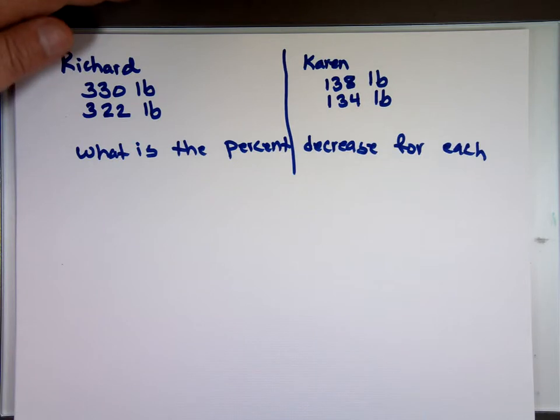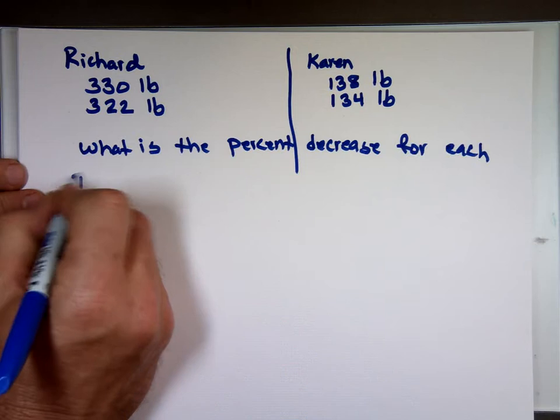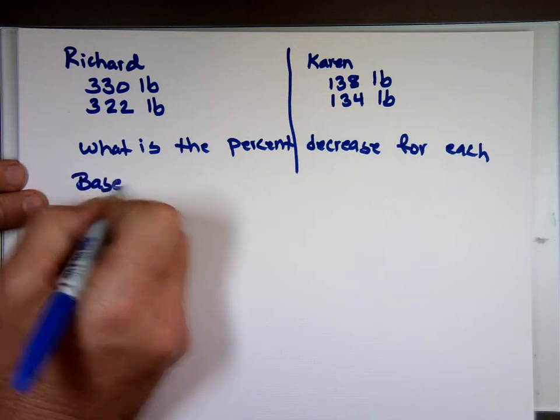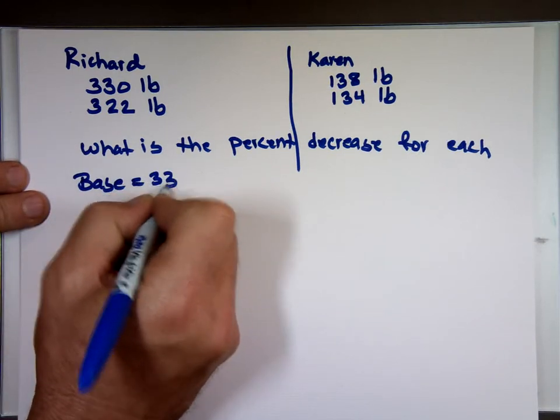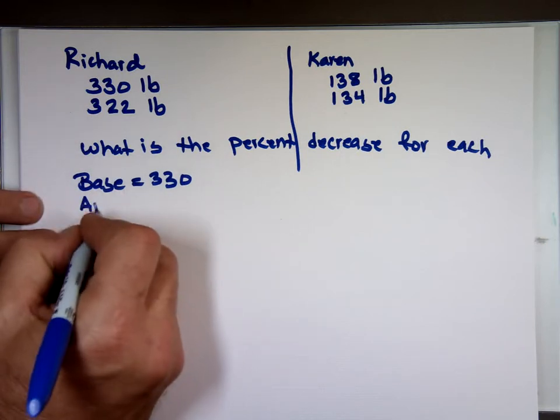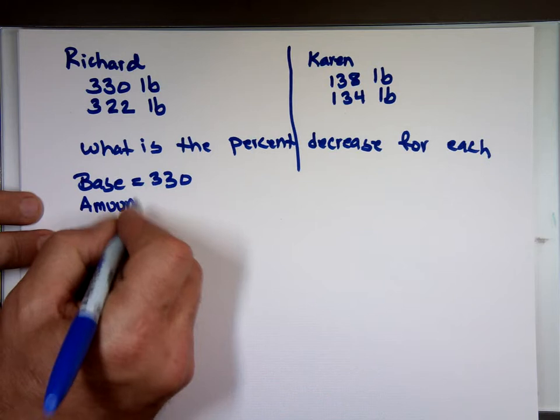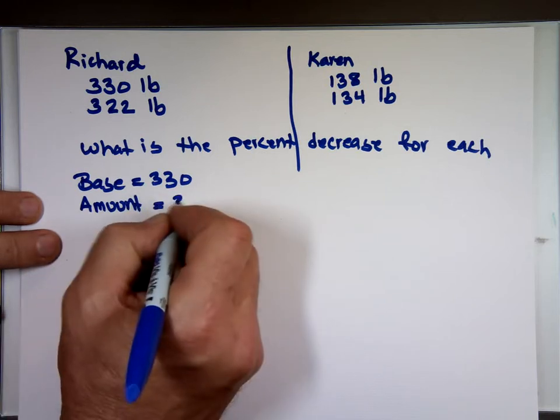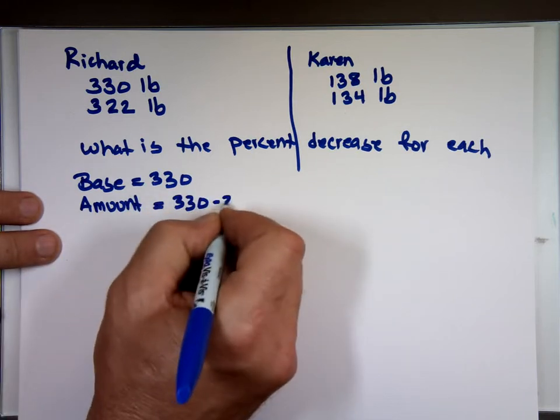So let's look at Rich here, or Rick we call him. Rick, his base is what? 330. He came into us at 330 pounds. The amount, how many pounds did he lose? Which is the 330 minus the 322, which is 8.